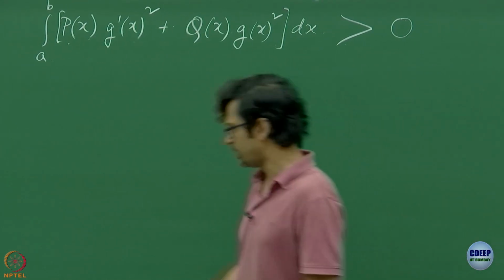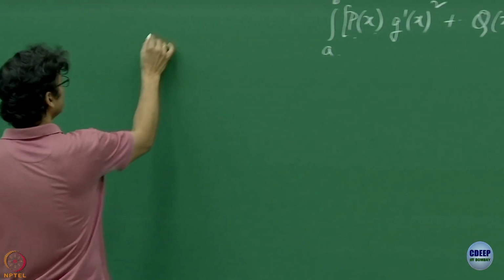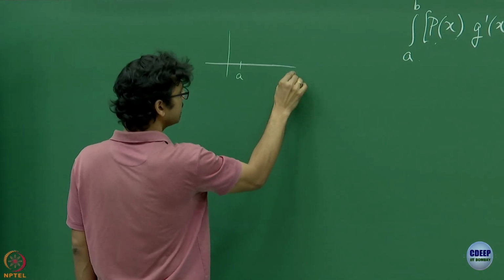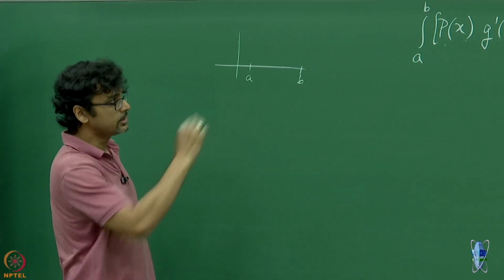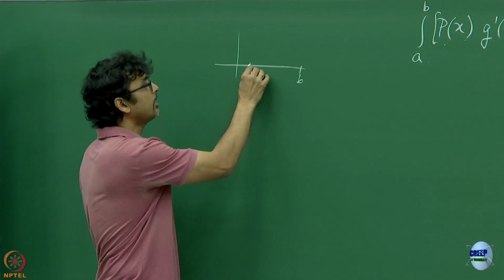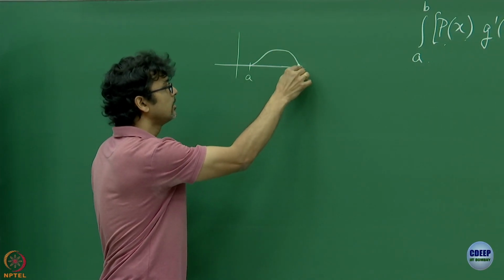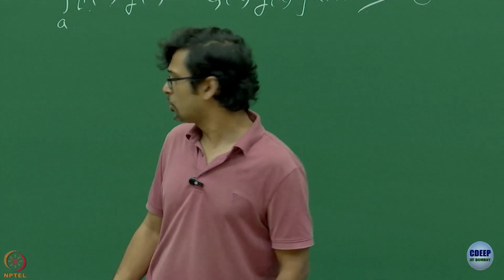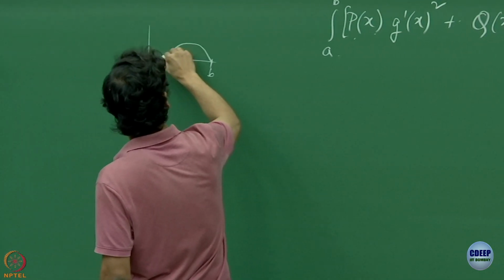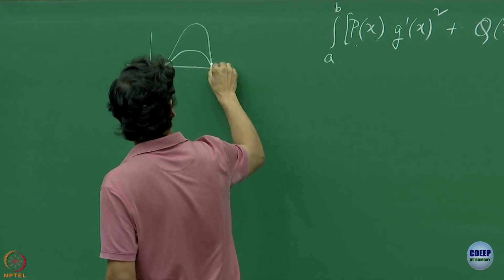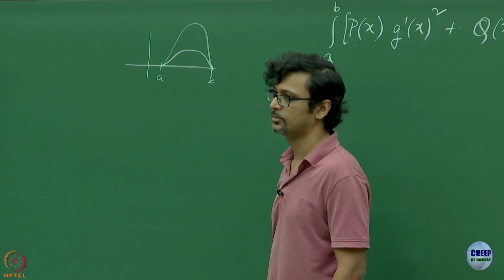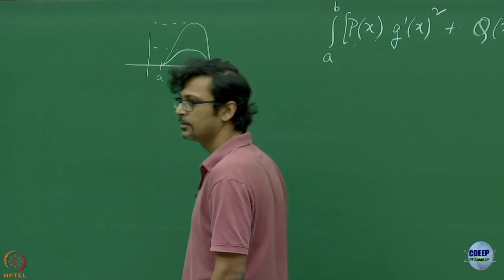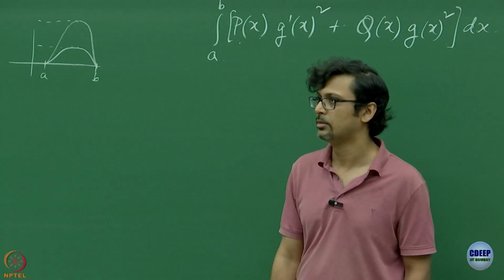The intuitive reason for this is that if this is A and this is B, this G, no matter what it does, has to start at 0 and truncate at 0 again at the points A and B. So even if this G rises to a high value, which is essentially say the value of G, then what does G prime have to do?